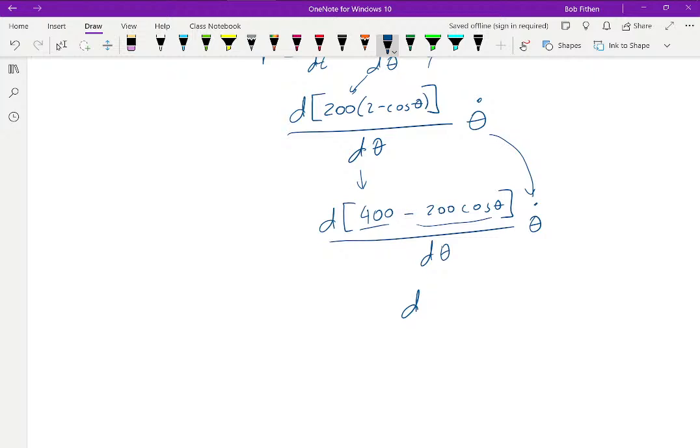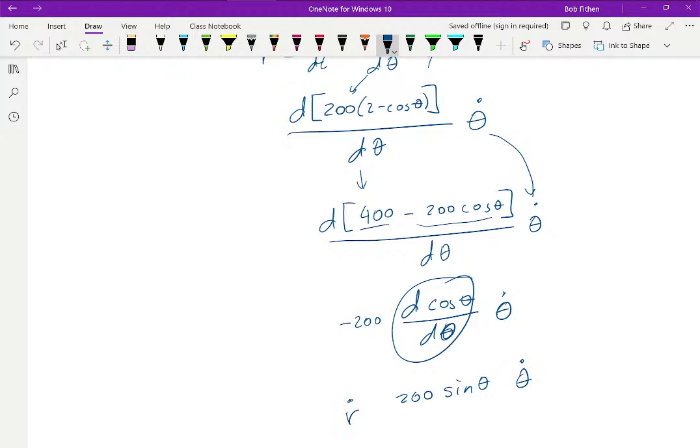So I'm going to go ahead and carry all of this. And this is just going to be minus the sine, so a minus gives you back a plus. So 200 sine of theta and then theta dot. So this would be r dot.